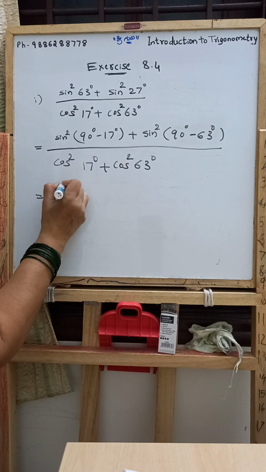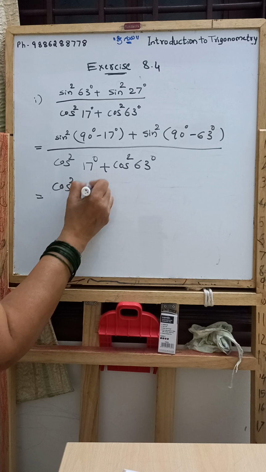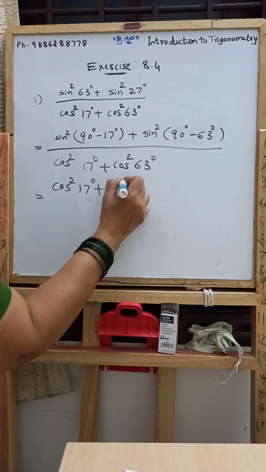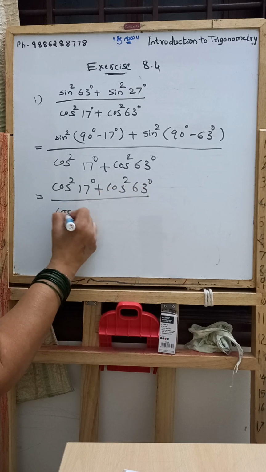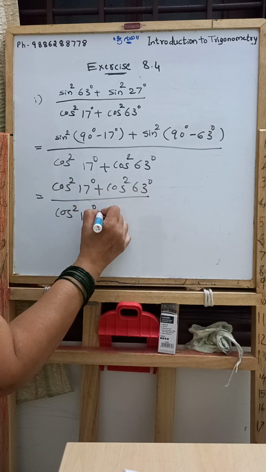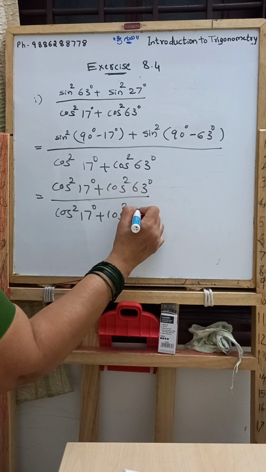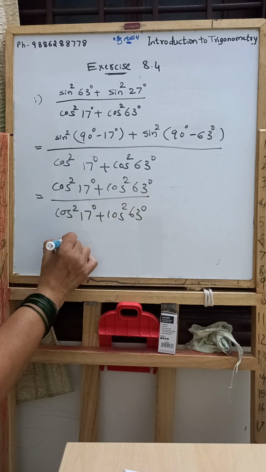This we get as cos square of 17 degrees plus cos square of 63 degrees, whole divided by cos square of 17 degrees plus cos square of 63 degrees. This is equal to 1.